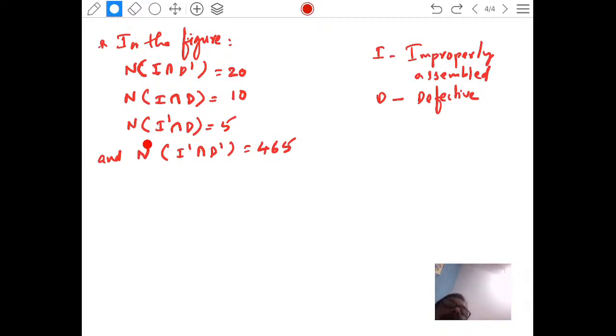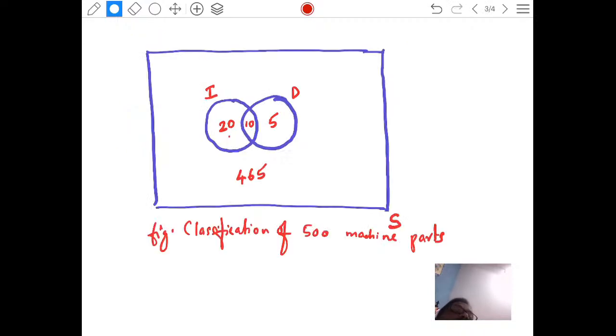Here n stands for the number of I intersection D complement, which is the number of machine parts which are improperly assembled and not defective, equal to 20. So which shows some number, and actually this subset belongs to the sample space S.